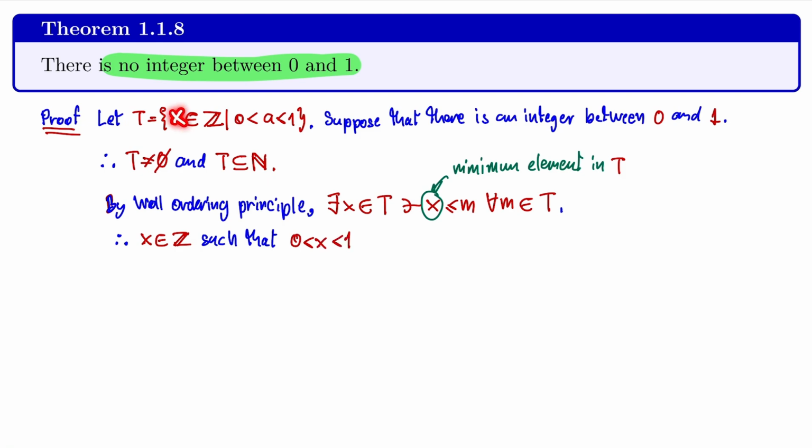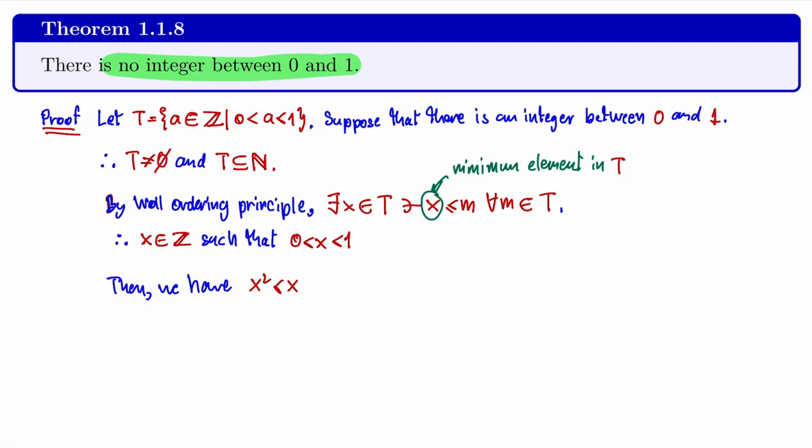Because x is in the set, x must satisfy this inequality, so x must be greater than 0 and less than 1. Then, since x is an integer, what is x squared? A number that is less than 1 and greater than 0, when you square it, gets smaller. So x squared must be less than x, right?